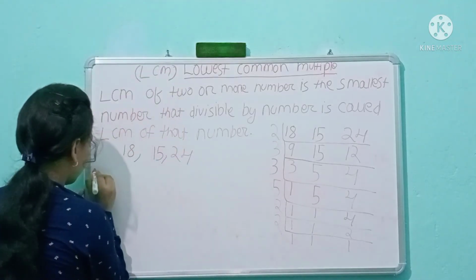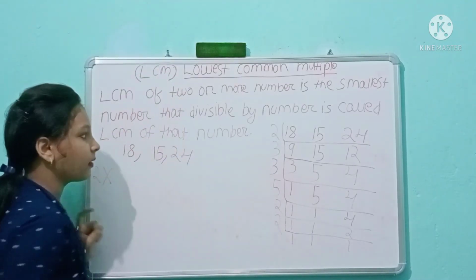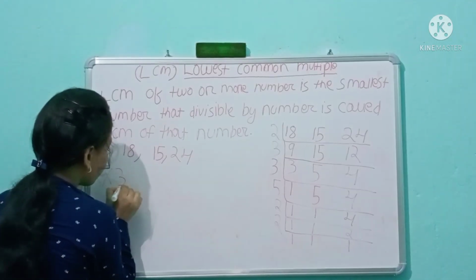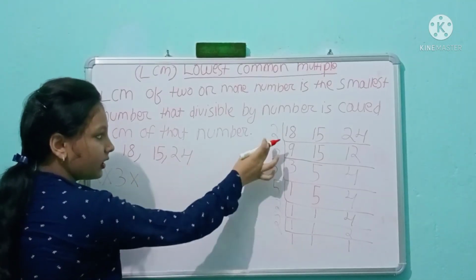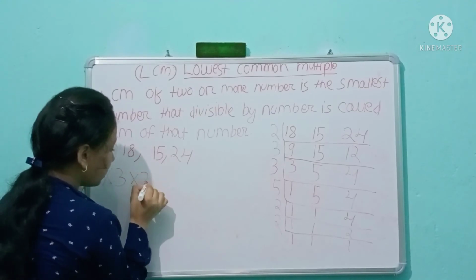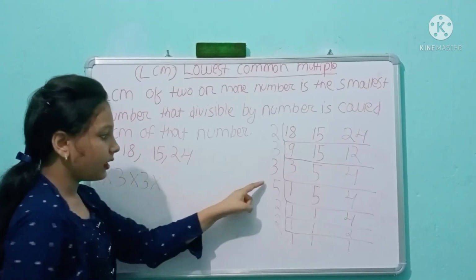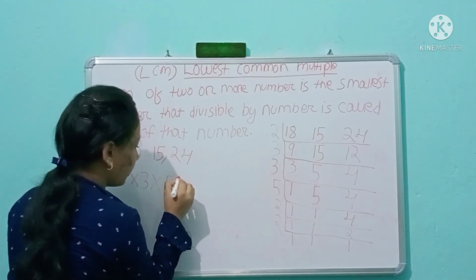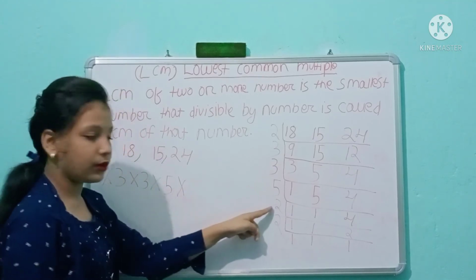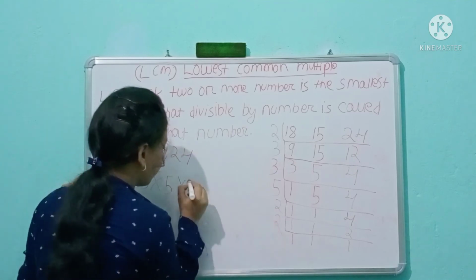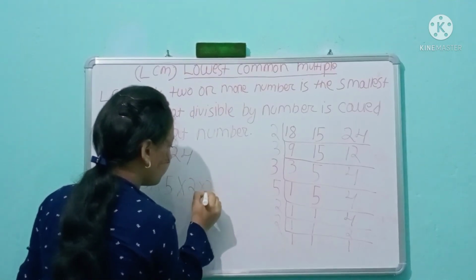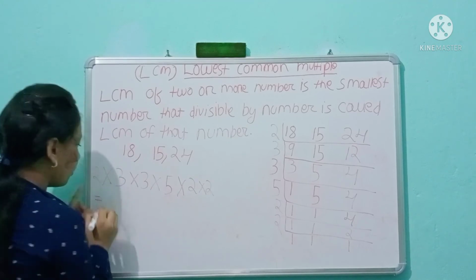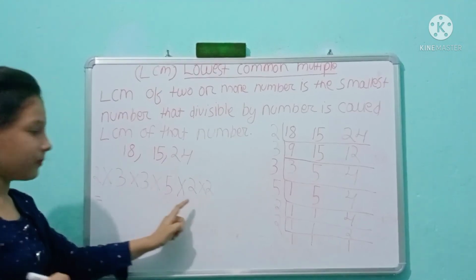For 2 we write here 2 into 2. So for 3 we write here 3 into 3, which is 2 times. Here is 5, so we write 5 into. Here 2 is 2 times, so we write 2 into 2. Clear? So we multiply these numbers.